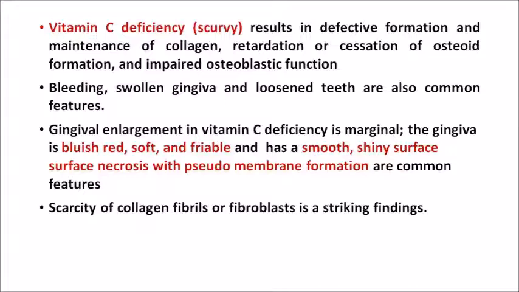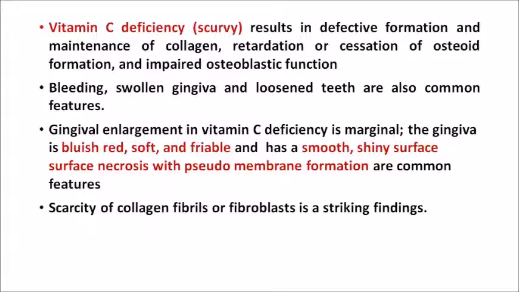Gingival enlargement is marginal and the key features are bluish red, soft and friable gingiva. There is friability of the gingiva, that you should note. Then there is a smooth shiny surface, and another important feature is surface necrosis with pseudomembrane formation. This is very peculiar. It is not seen in any other gingival enlargements. Pseudomembrane formation is seen in scurvy-induced gingival enlargement.